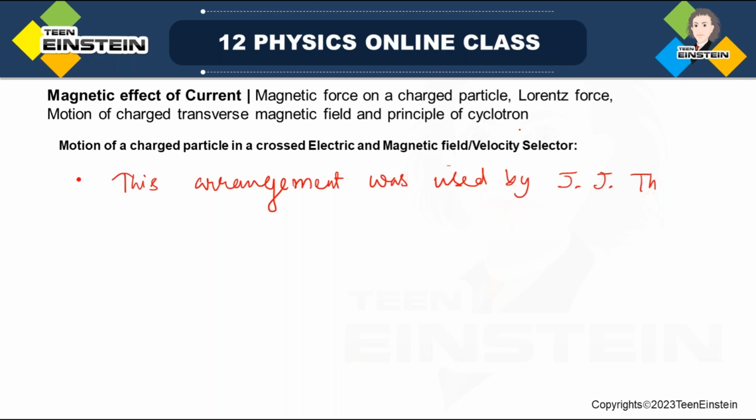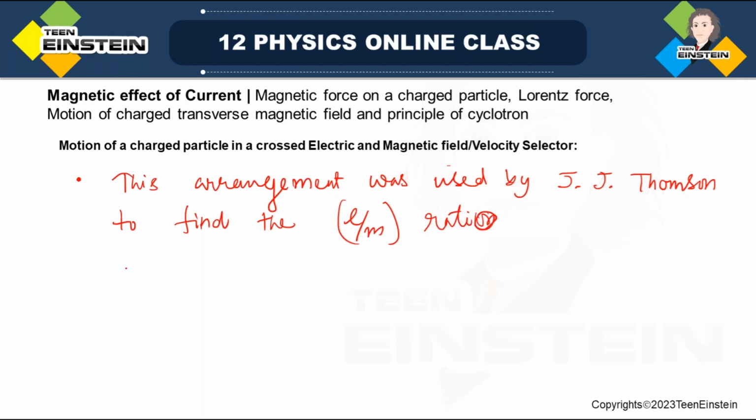This arrangement was used by J.J. Thomson to find the value of the e by m ratio.